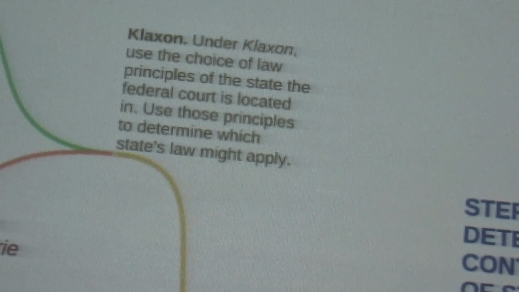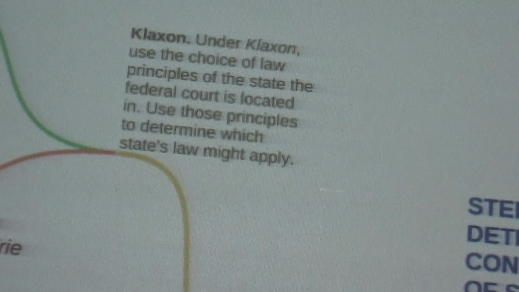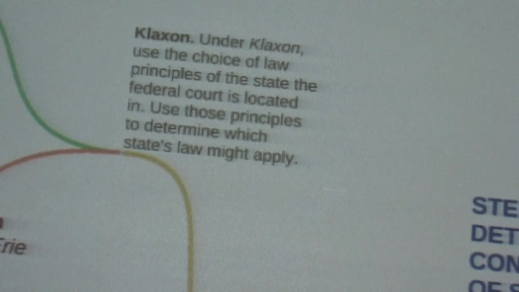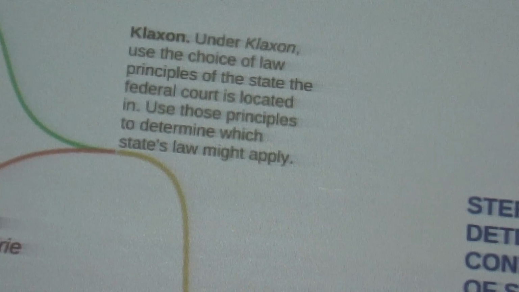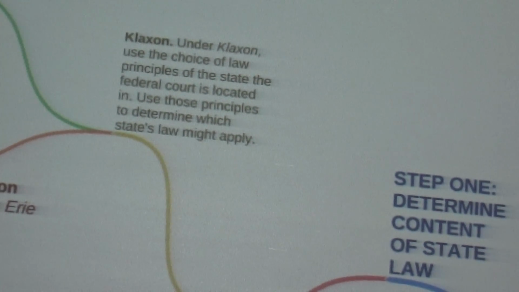So if we're sitting in federal court in Florida, then we would use Florida choice of law. Now think about it pragmatically. If I wanted you to analyze Klaxon, I would probably have to tell you not just what state we're sitting in, but what the choice of law principles are of that state. And that might be a signal to you to engage in some Klaxon analysis.